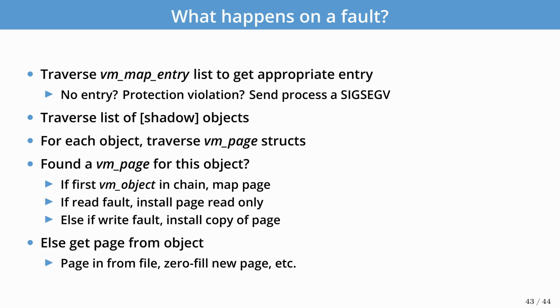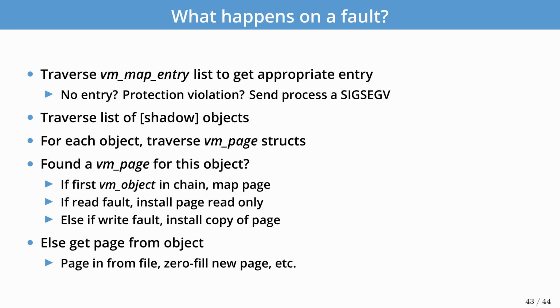The caveat here is if you're taking a writable fault on a page that's not on the top, on the first shadow. What this means is when you take a write fault and the page is marked copy-on-write, it means that the page was mapped in read-only because it was in a higher level of the shadow. The first shadow object is the only one that the process can write to.